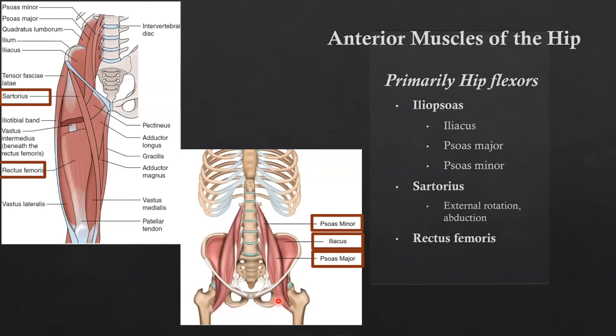For the actual iliopsoas, the muscle fibers that traverse the hip joint right underneath the inguinal ligament will be the fibers of the iliacus, as well as the fibers of the psoas major muscle. Those muscles will cross the hip joint and attach at the lesser trochanter. The sole responsibility is to flex the hip.